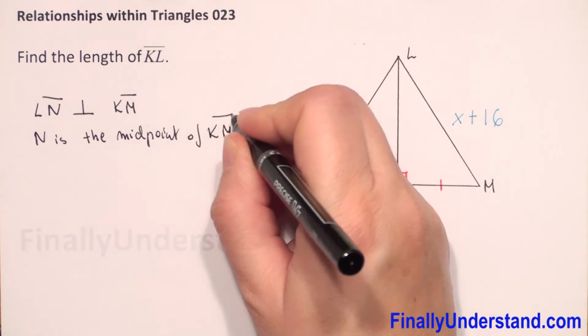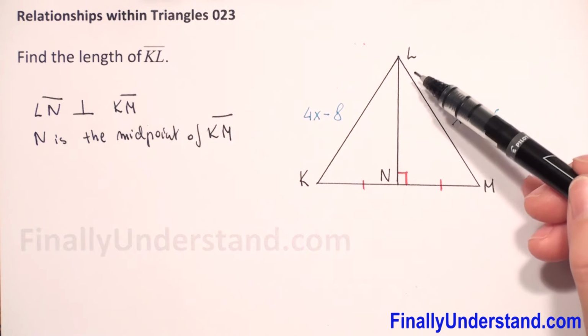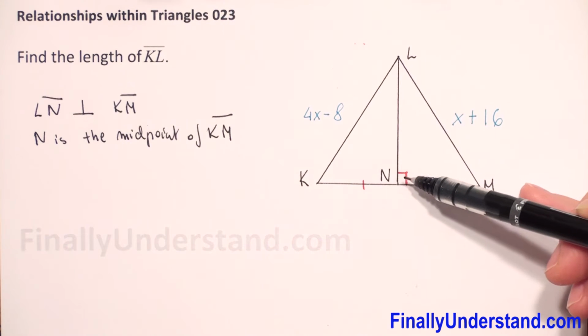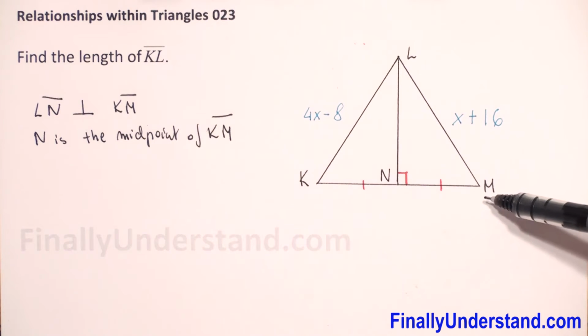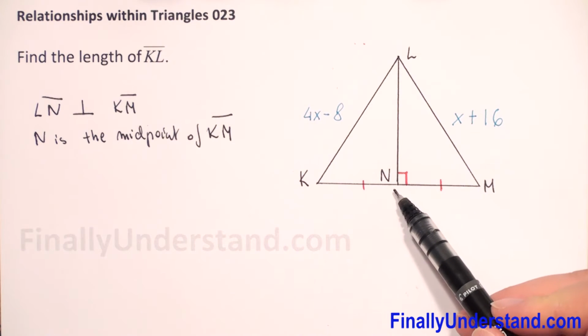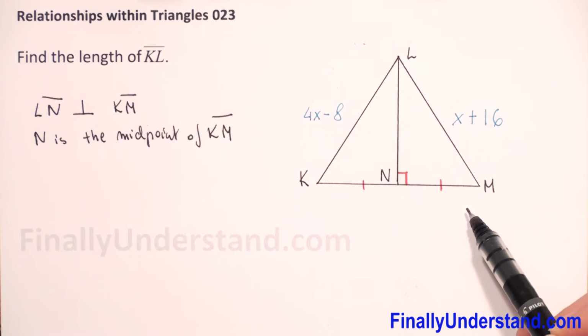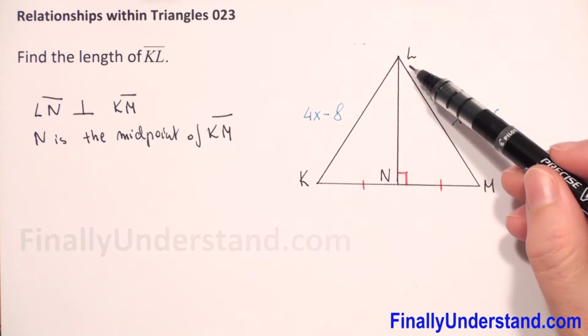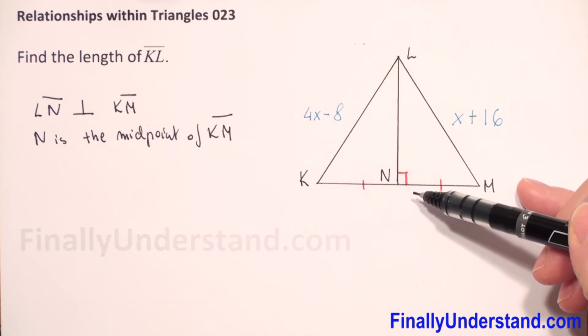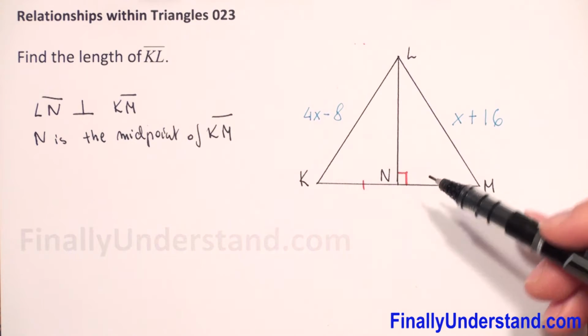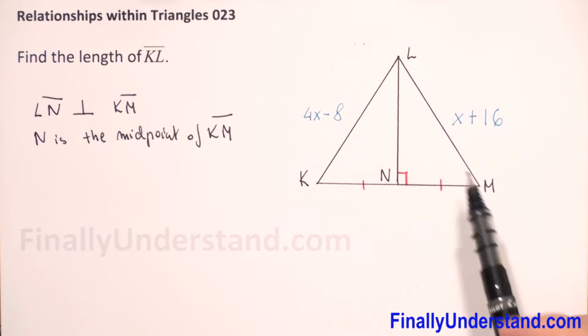Because segment LN is perpendicular to KM and N is the midpoint of KM segment, it means that segment LN is the perpendicular bisector of segment KM.